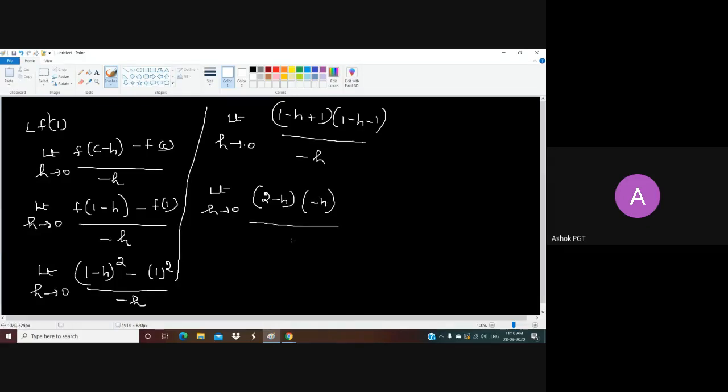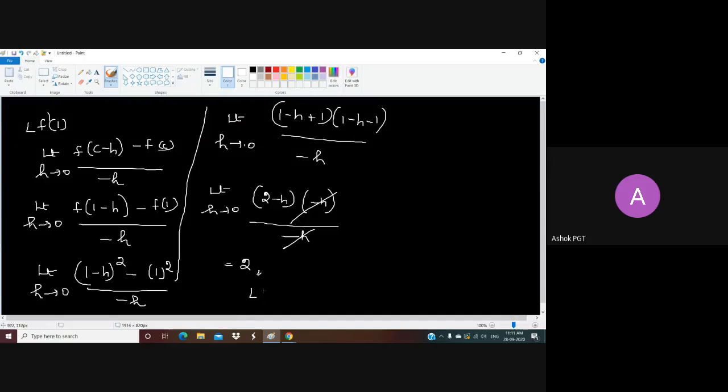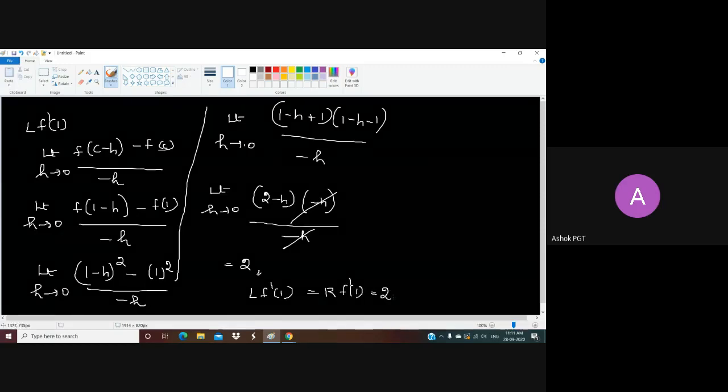We will have minus h, and in the denominator also we have minus h, and then we can use direct substitution technique. So we get the final answer as 2. So left derivative is equal to right derivative, which is equal to 2.